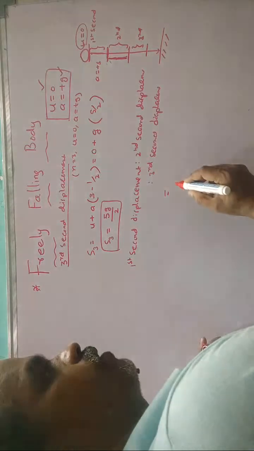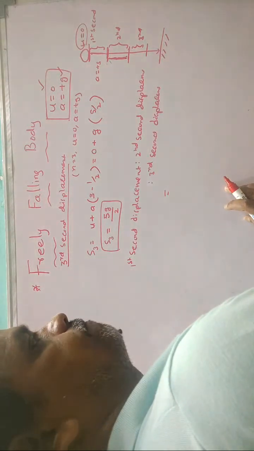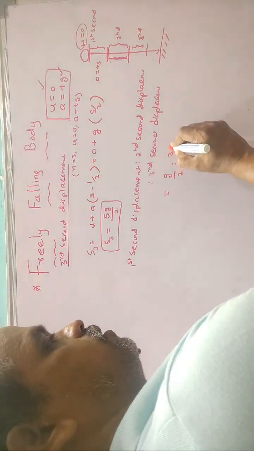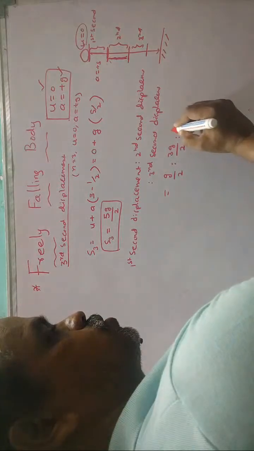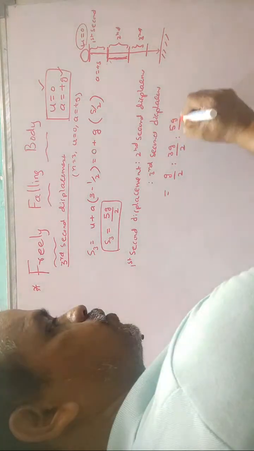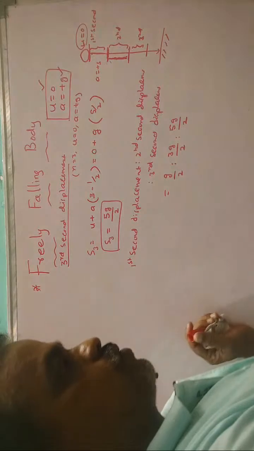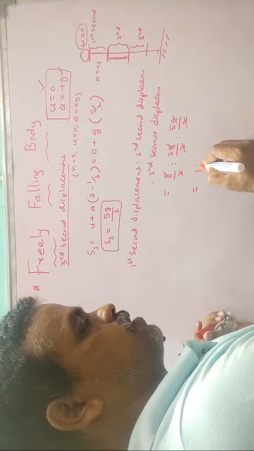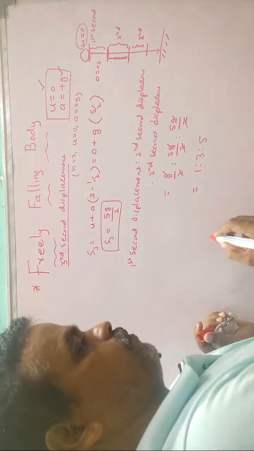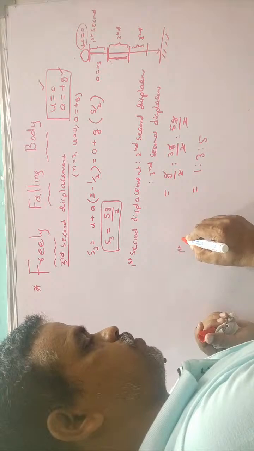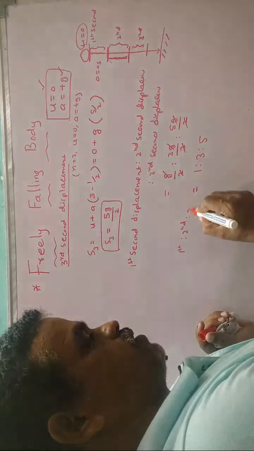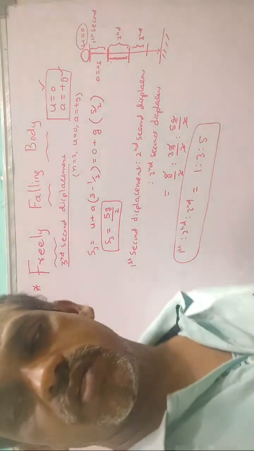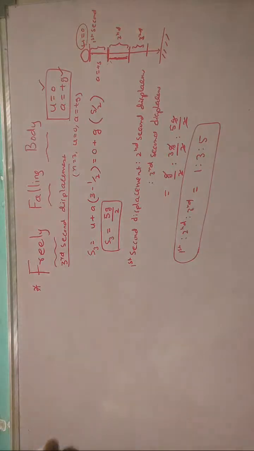First second displacement is g by 2, second is 3g by 2, third is 5g by 2. So we can cancel g by 2 in the ratio. So 1 is to 3 is to 5. First second displacement, second second displacement, third second displacement. This is the ratio: 1 is to 3 is to 5.